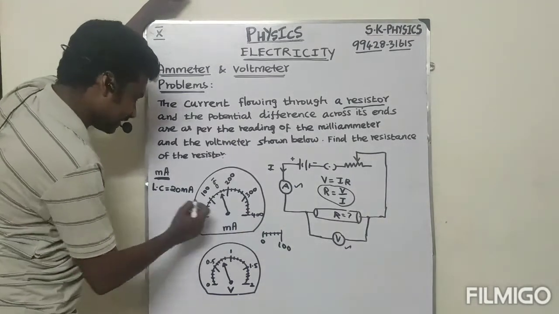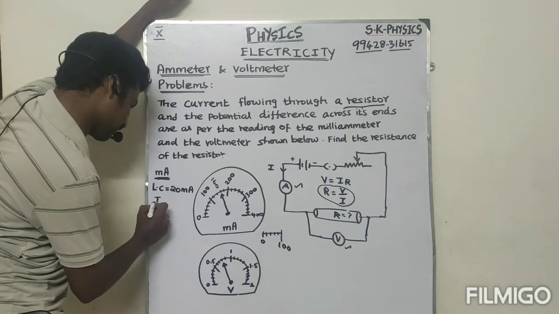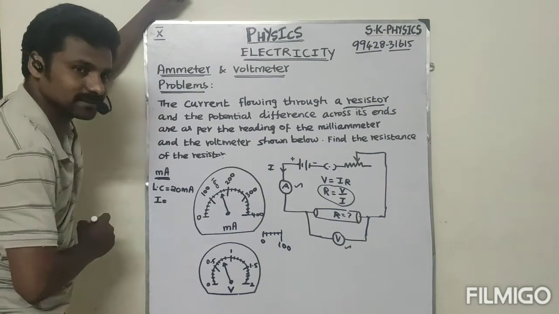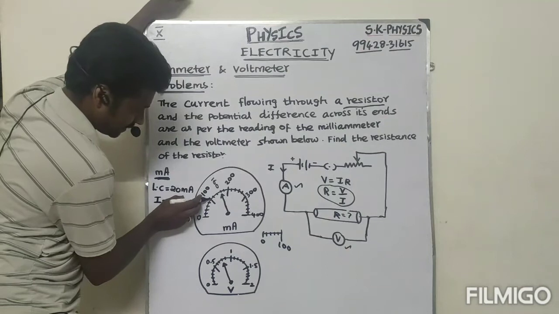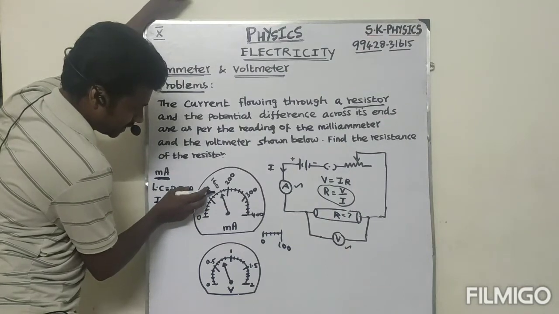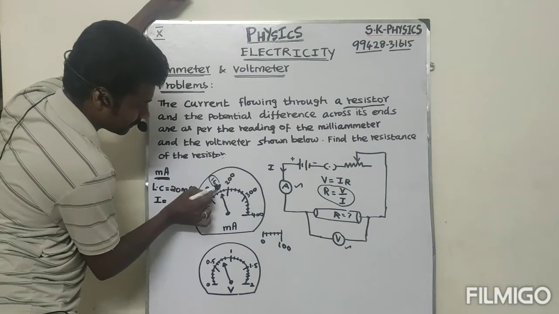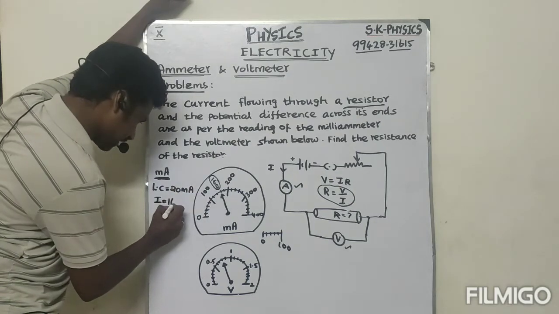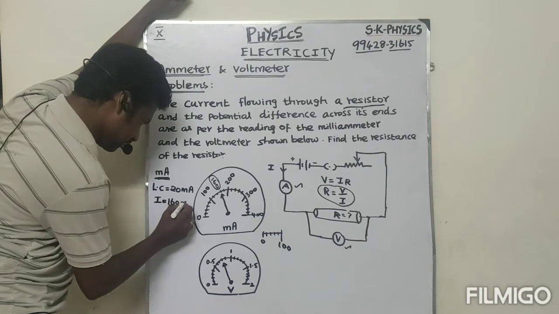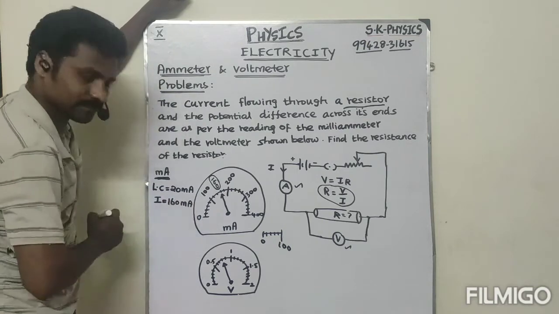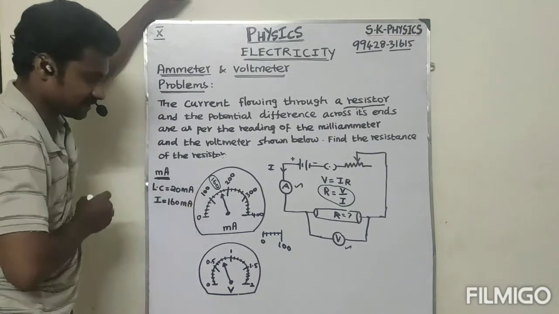Then what is the reading? That is the current value. So I is equal to how much? 100, 120, 140, 160. So this is the reading. So we can write 160 milliampere. So now the current is ready.